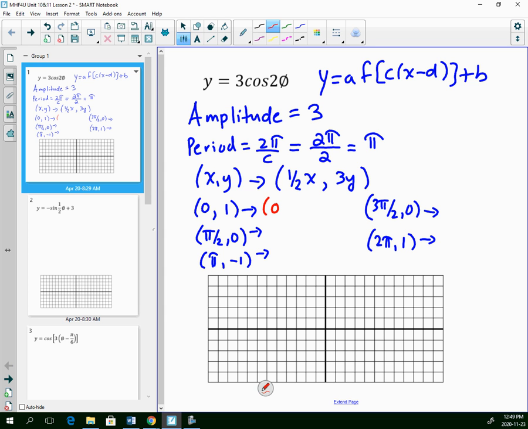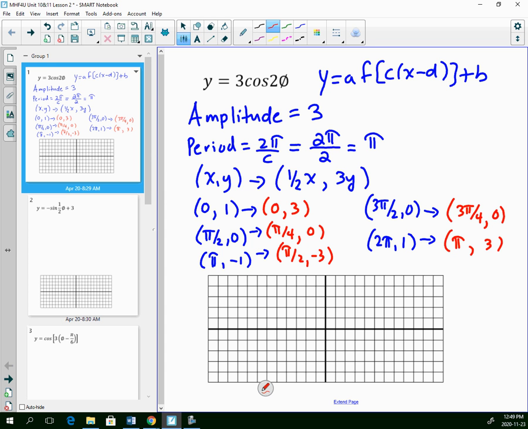A half times 0, and then 3 times 1. And then it'll be a half times pi over 2, so pi over 4. And then 3 times 0, and then a half times pi. And then a half times 3 pi over 2 is 3 pi over 4. And then a half of 2 pi is pi.